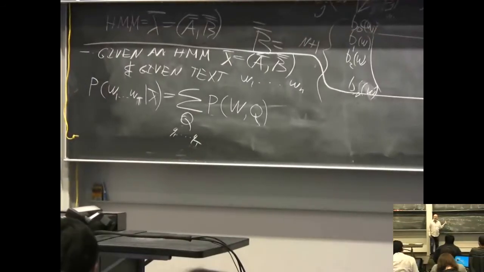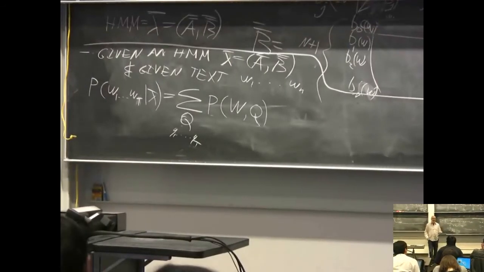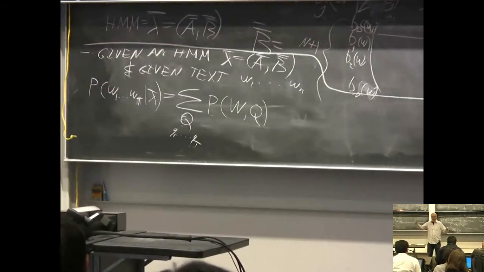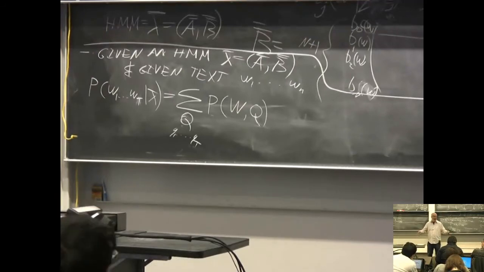So it is easy for me to write the likelihood of the joint, the complete data, both the visible and the invisible part. But if I want to write down the likelihood of the visible part only, I have to sum over all possible assignments of the latent part. Each one of these assignments I can calculate this way. How much computation is involved here?